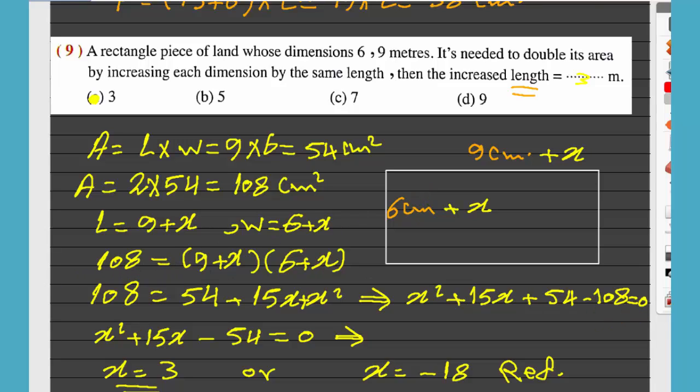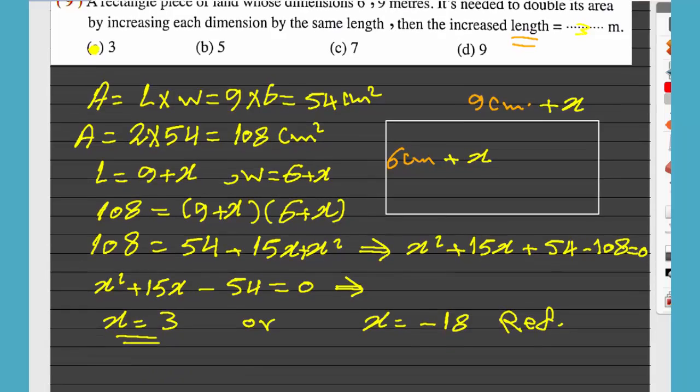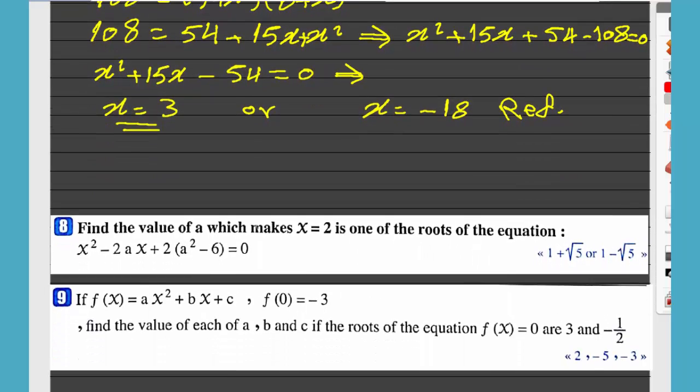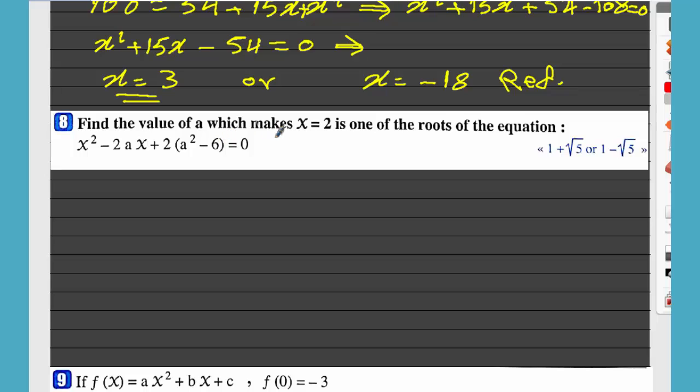Okay. Let us go to the next question. Find the value of a which makes x equals 2 one of the roots of this equation. When x equals 2 is one of the roots of this equation, we will substitute x equals 2.